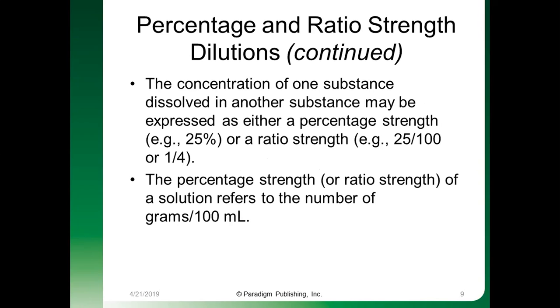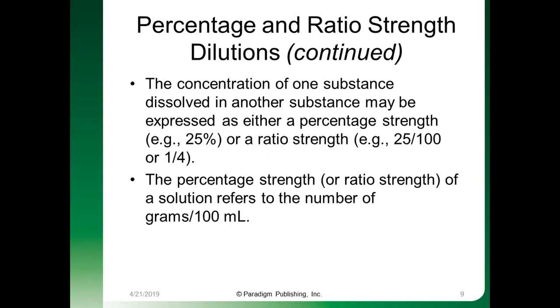The concentration of one substance dissolved in another substance may be expressed as either percent strength or ratio strength. The percent strength or ratio strength of a solution refers to the number of grams per 100 mLs.